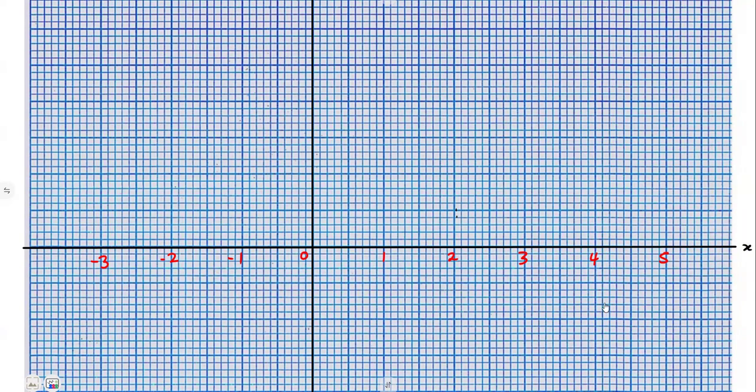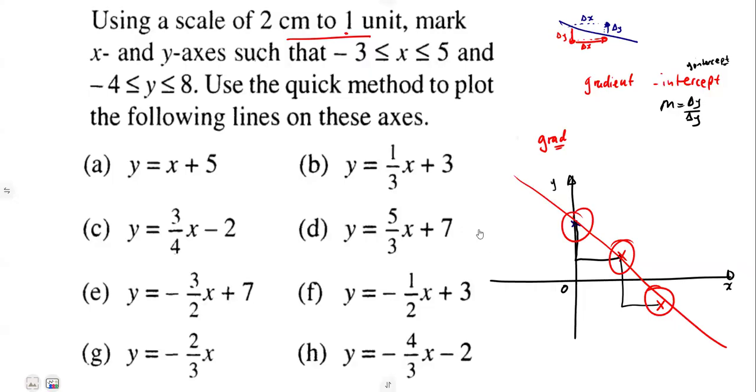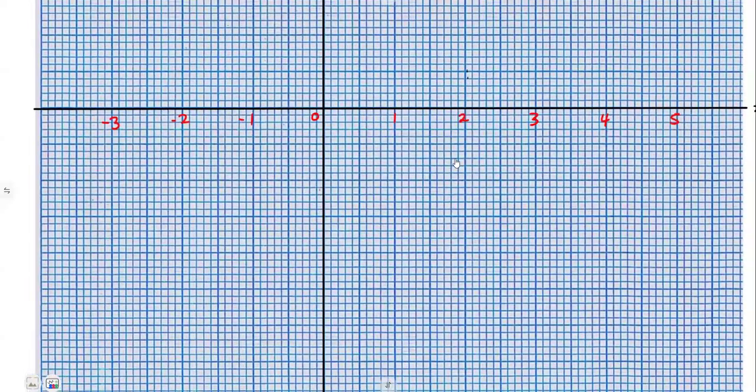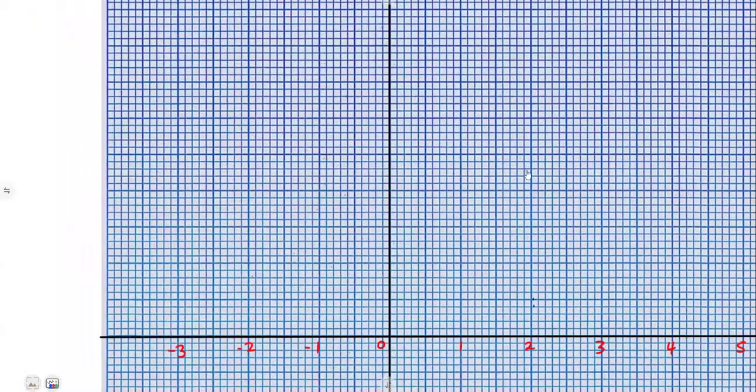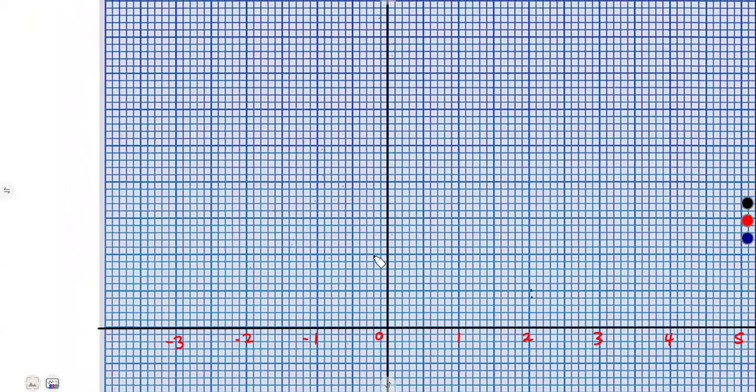And the y values, we must carry -4 up to 8. Can I get 8 here, guys? Let's try. 1, 2, 3, after 2 centimeters. So this is going to be our 3 here.